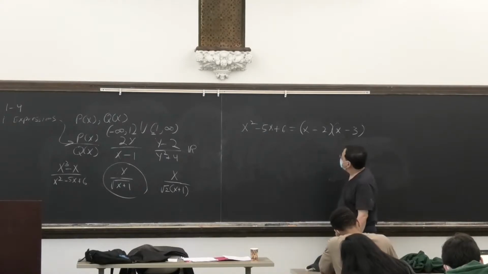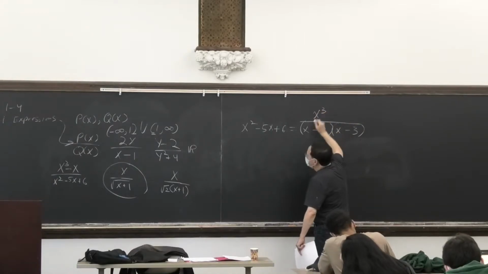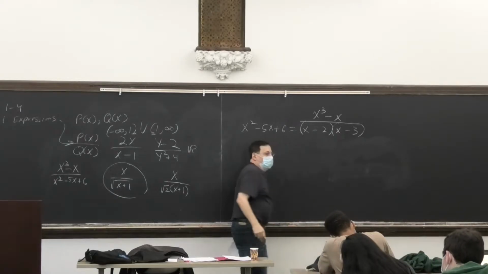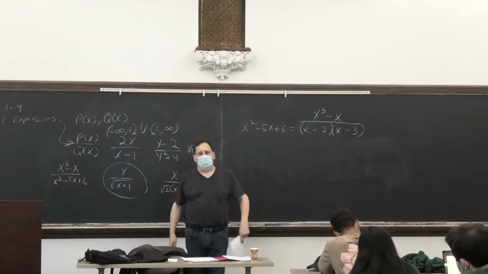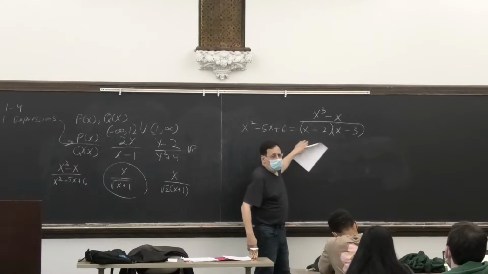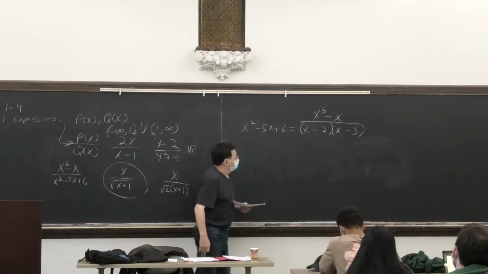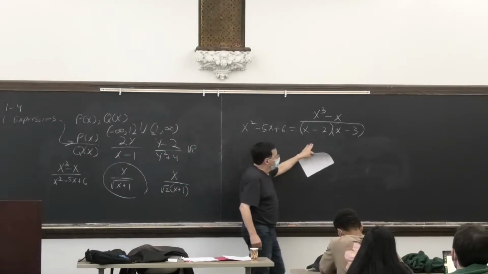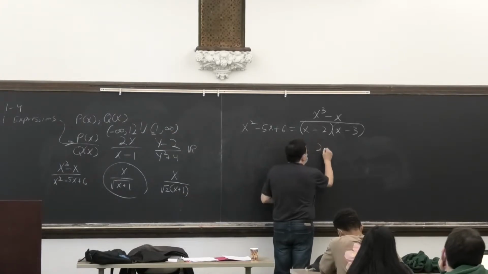Okay. So we have this expression, x cubed minus x. And the way the book's going to ask the question is, what's the domain of this? Which is too bad. It's not really a proper question. There's no way to know what the domain is. It could be anything. Well, almost anything. The way to ask the question is, what values cannot be in the domain of this expression? And the answer is 2 and 3.